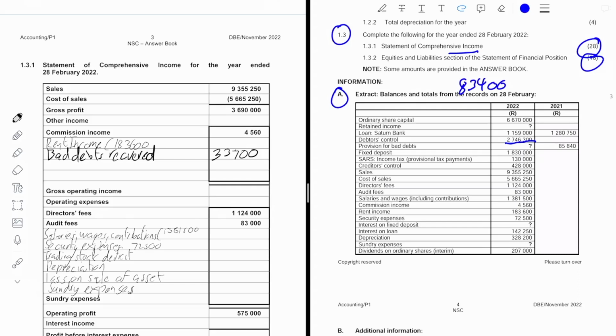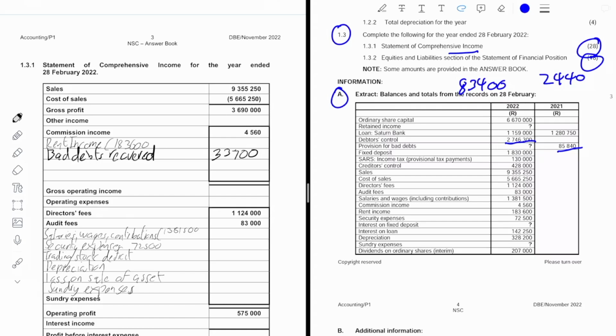Now, remember, when we're making our provision for bad debts adjustment, we need to compare it to what we previously had. And as you can see here, it's 85,840. And the difference between that is 2,440. Now, since we are reducing our provision for bad debts, we need to hold less.